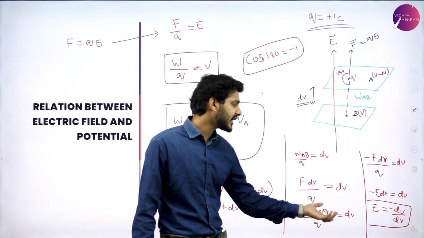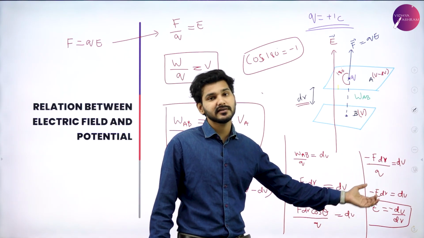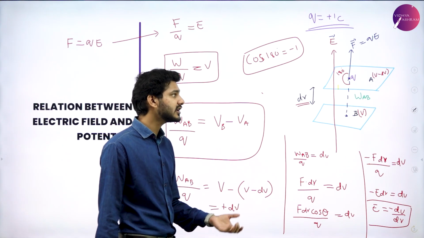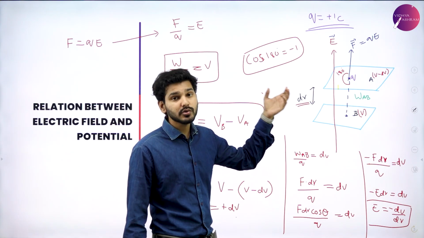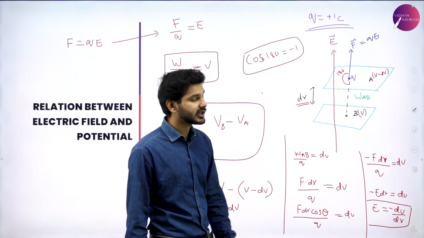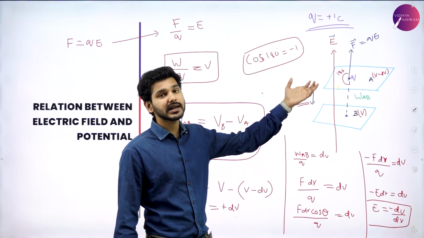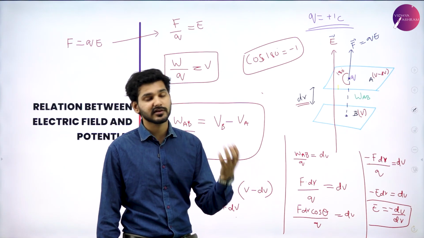So we can say that the electric field is the negative potential gradient, and that is the relation. The way we found it was by considering two areas of different potentials and moving a positive charge, or unit charge, from point A to point B and calculating the work done.